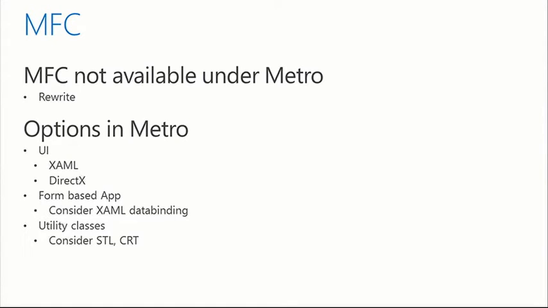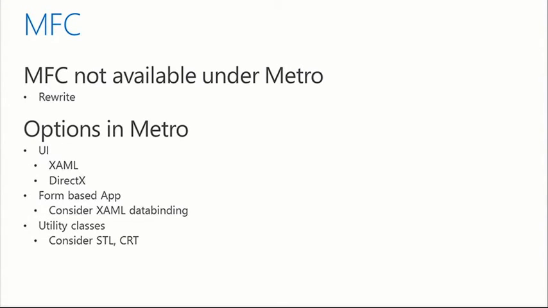So if you have UI, you can choose XAML or DirectX based on what your app does and what capabilities you get from each of these. One of the things to think about is that MFC has some type of data binding already built in, and Tim talked about data binding earlier.